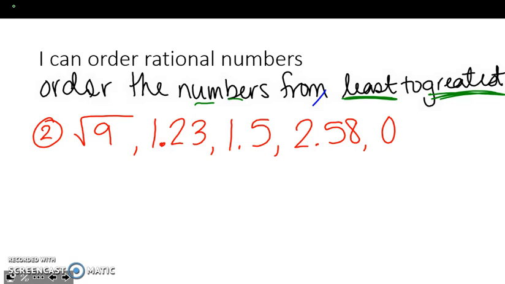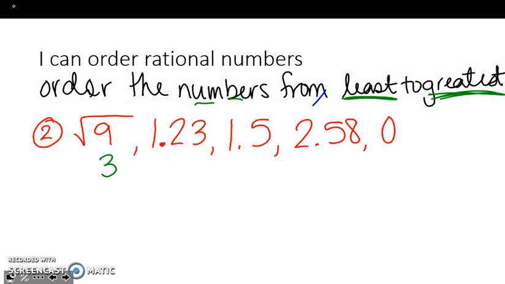So in this problem, we only have one value that has to be evaluated. So we have to evaluate the square root of 9. And the square root of 9 is 3. So those are the numbers that we are going to order from least to greatest.